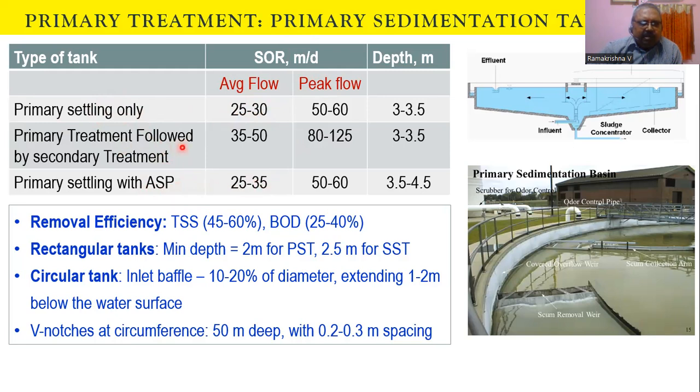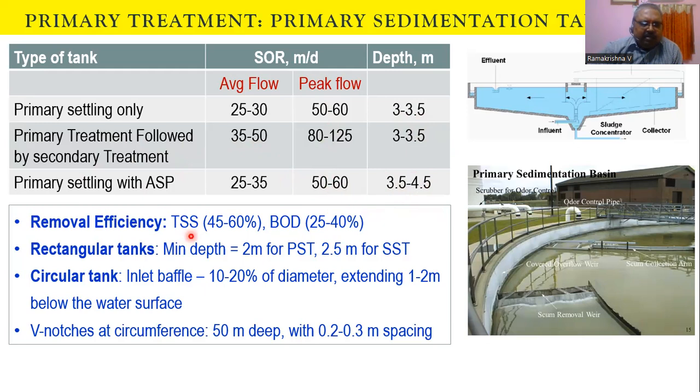And when some other secondary treatment is followed after primary, it is around 35 to 50. Peak flows are usually in the range of 2 to 3, and depth of the tank is around 3 to 3.5, and for activated sludge it is around 3.5 to 4 meters.